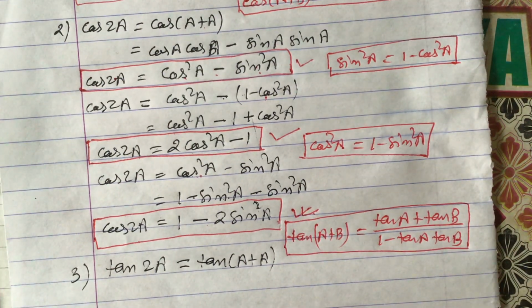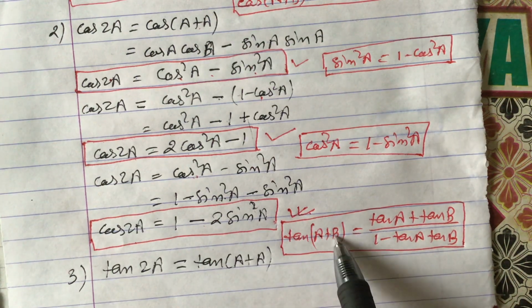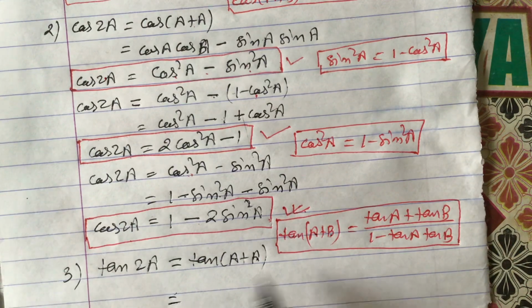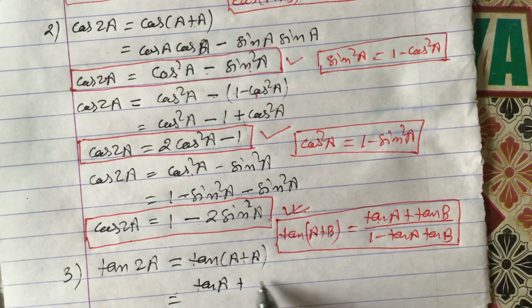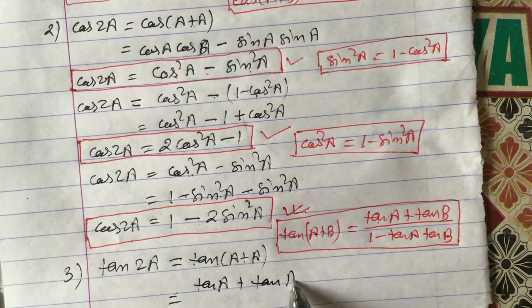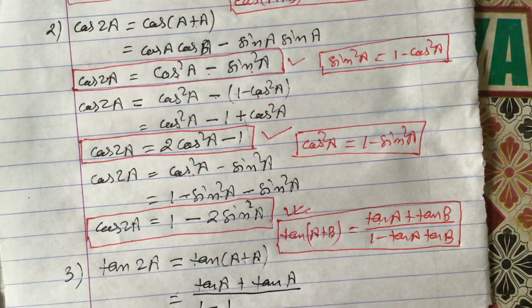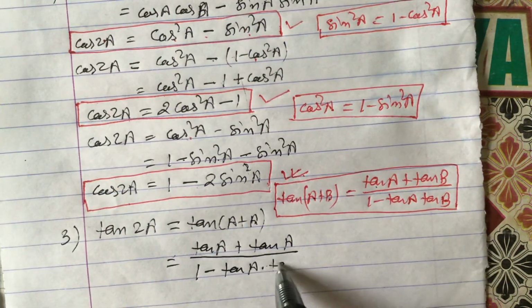If you apply this formula here, just replace a by a and b also by a. In place of b also we have a. So what will it be? Tan a plus tan a, divided by 1 minus tan a times tan a.